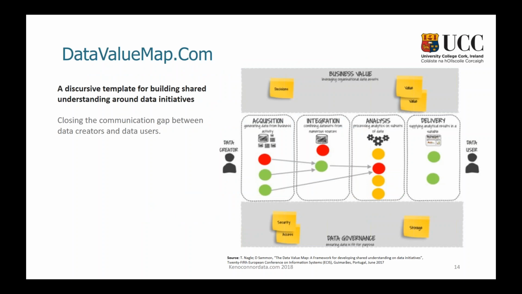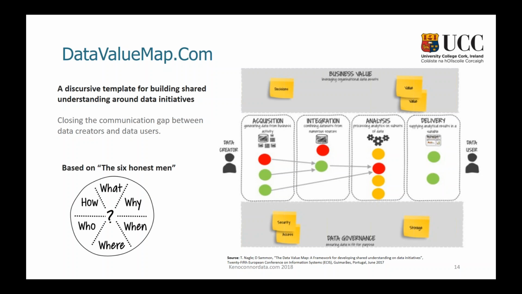It's what they call a discursive template for building shared understandings around data initiatives. It can be applied to any data initiative, and it closes the gap between the data creator and the data user. And it's based on the 6 W's, the 6 honest men from, I think, a Rudyard Kipling poem.